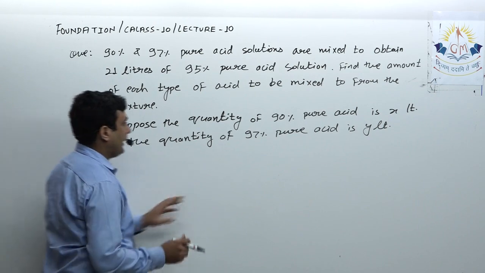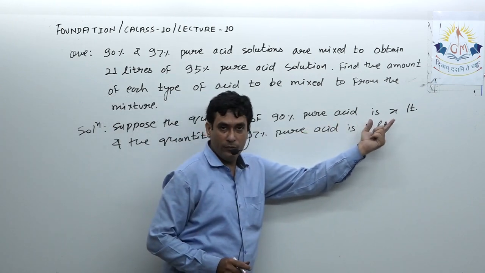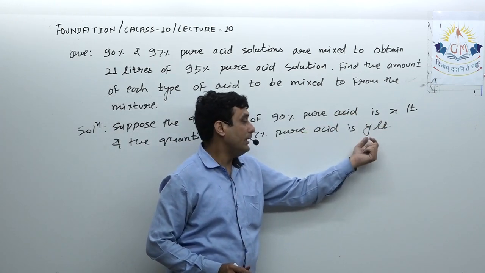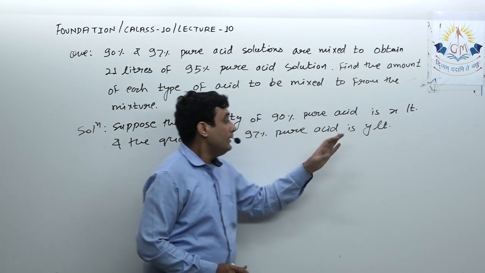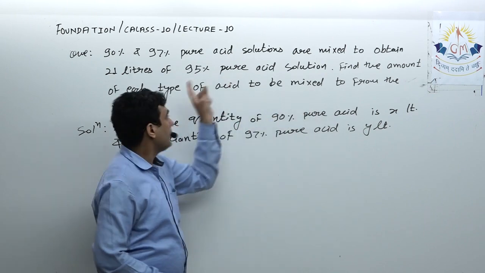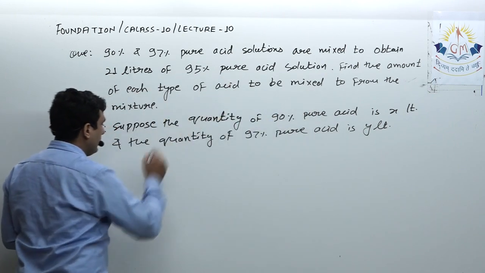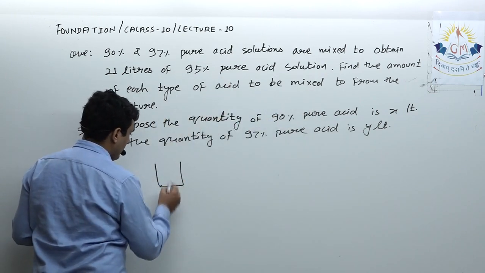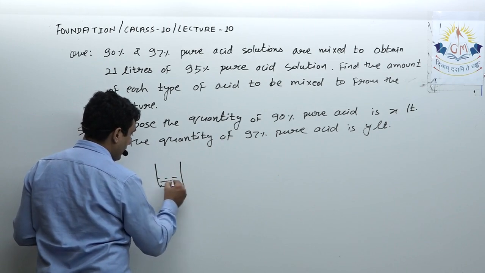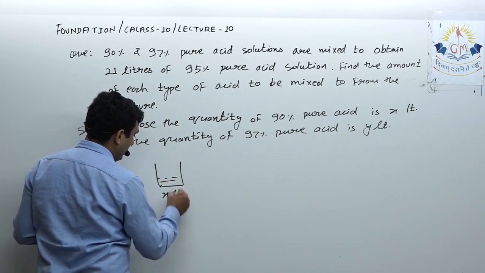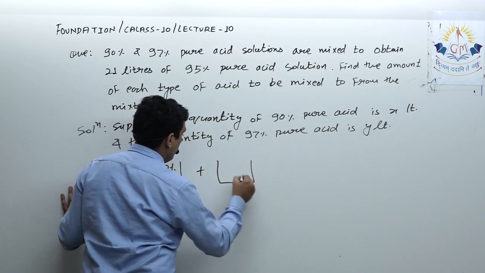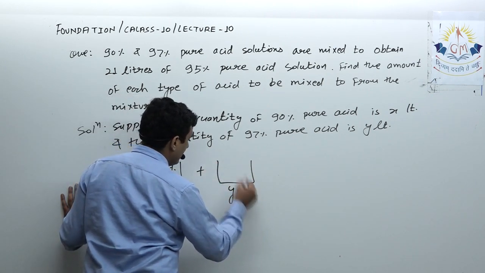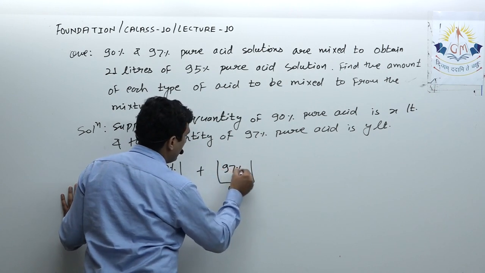So as I am taking x liters of 90% solution and y liters of 97% pure acid, you can consider this is a solution whose quantity is x liters and it is 90% pure. This is another solution which is y liters in quantity and 97% pure.